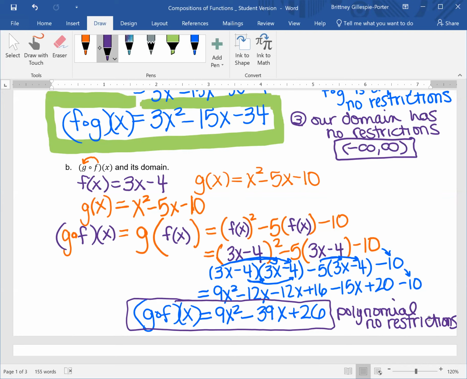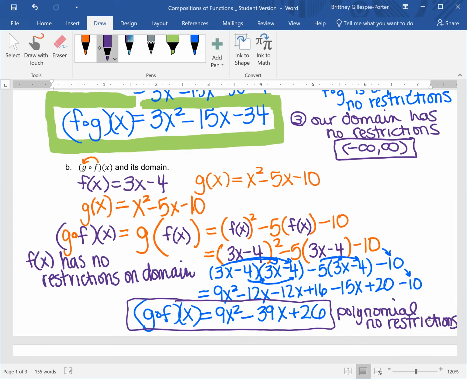The function we were plugging in, f of x, so I'm going backwards, sorry, that was step 2. f of x has no restrictions on the domain, and that is because it is a polynomial.